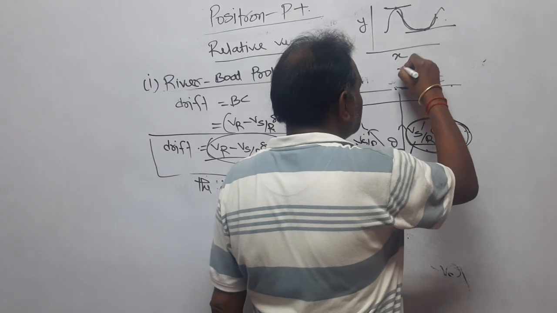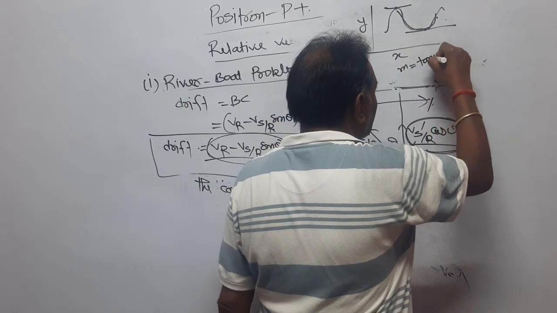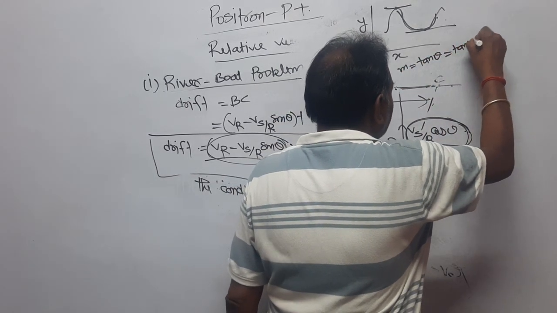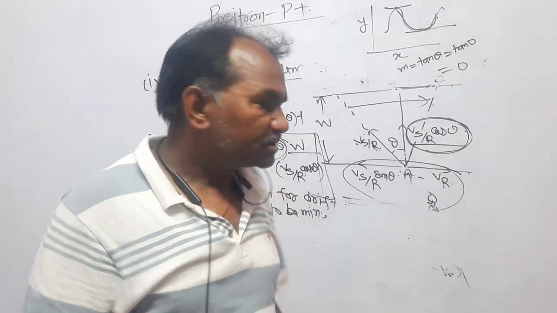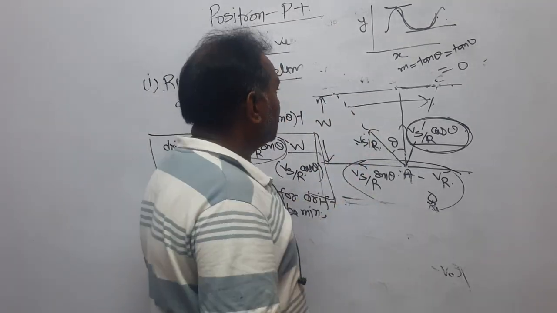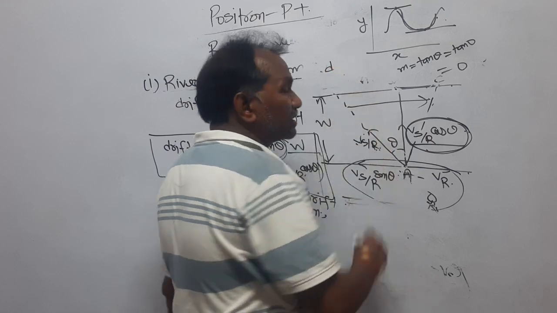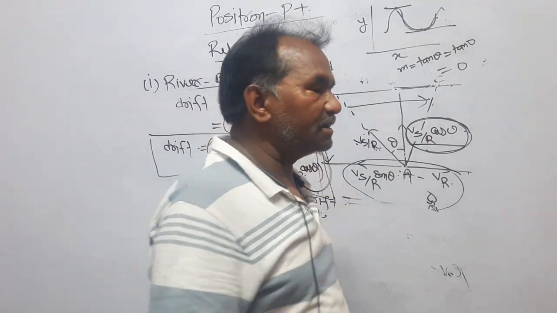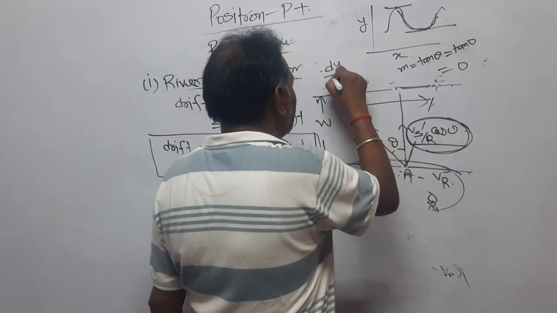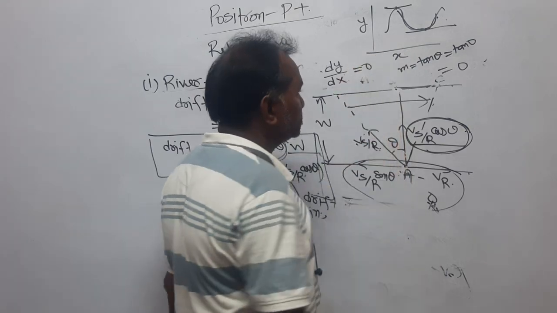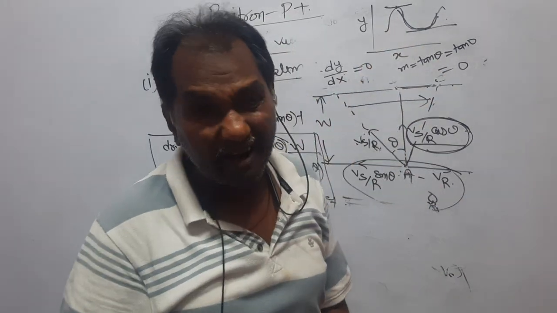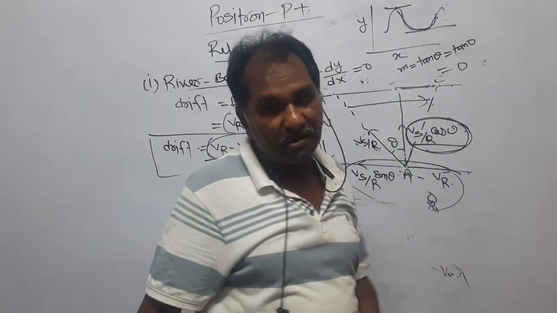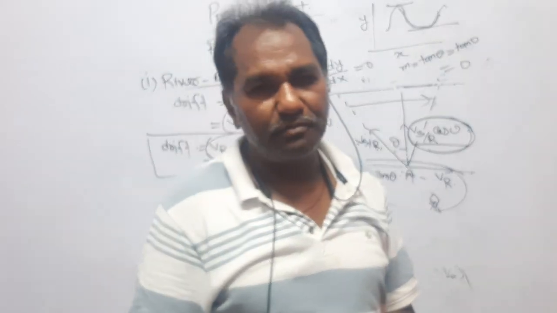Means the slope of these tangents, m is equal to tan theta, that is equal to tan 0, and tan 0 is 0. Dear student, it means that if a graph is plotted between y and x, for maxima and minima we apply dy upon dx equal to 0. Why is it 0? Because at maxima and minima the tangent would be parallel to x-axis, and if it is parallel to x-axis, the slope is going to be 0.